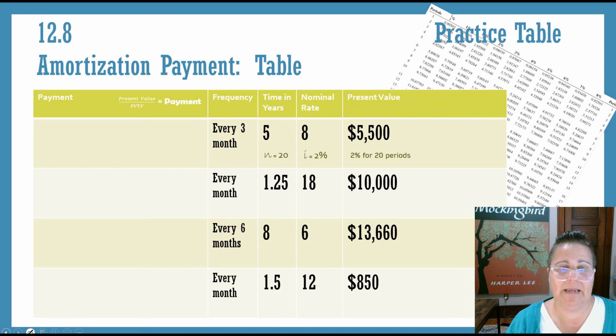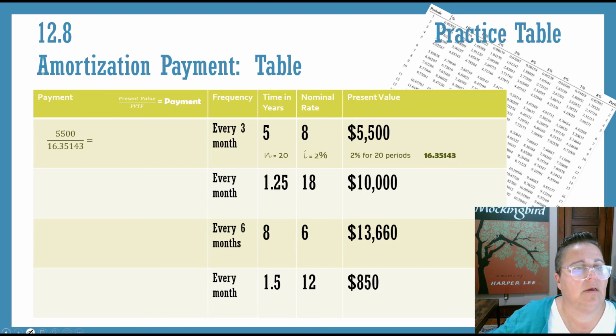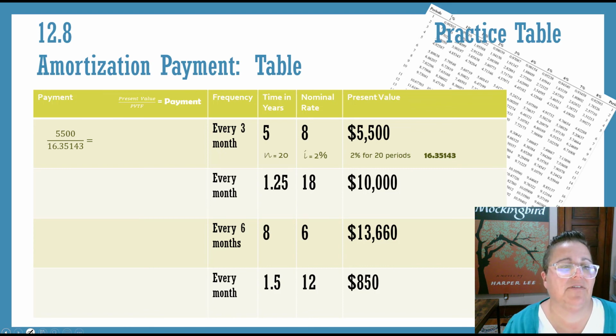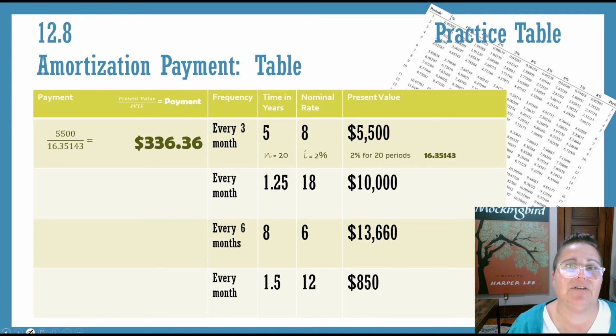So my table factor will be looking up 2% for 20 periods, and that's not on this particular chart, but that's going to be 16.35143. So I'm going to take the present value amount, or $5,500, and divide it by 16.35143, giving him payments of $336.36.